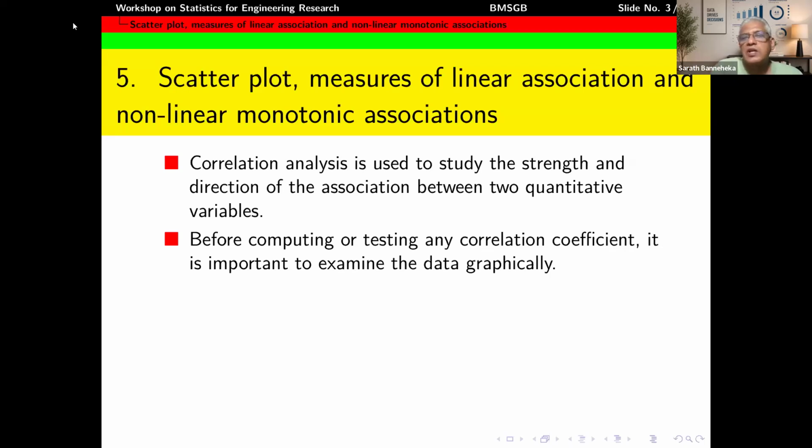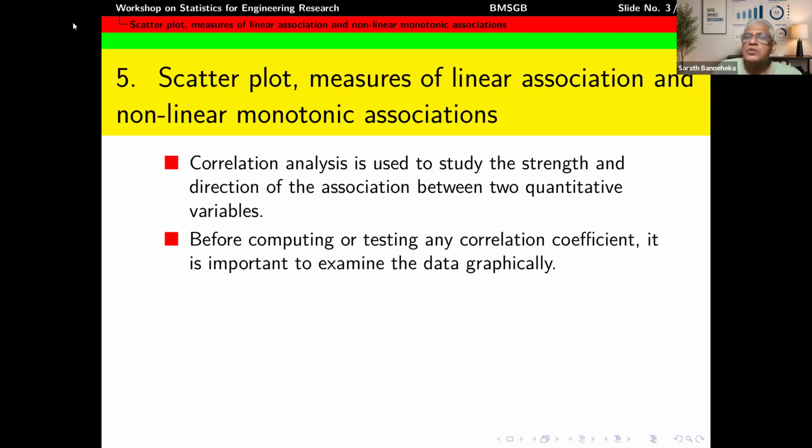In addition to the correlation analysis, there are some other analysis similar to that, usually called test of association or association analysis. But here mainly because in the engineering fields, usually we have numerical data. I am considering here only the correlation between two variables, say X and Y, both are quantitative.